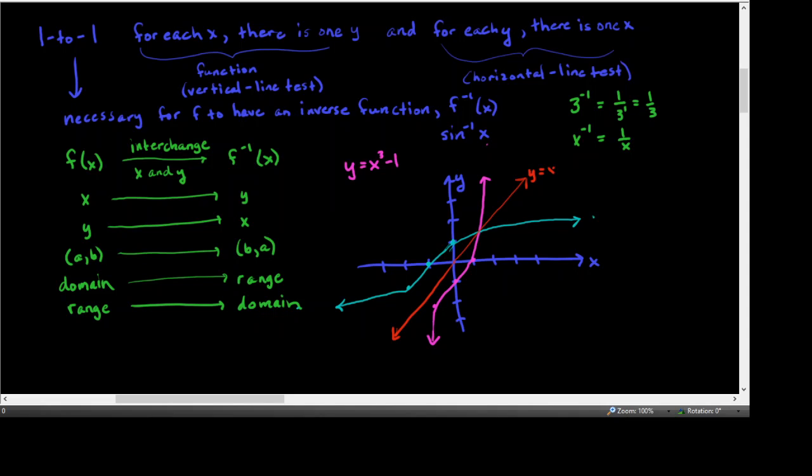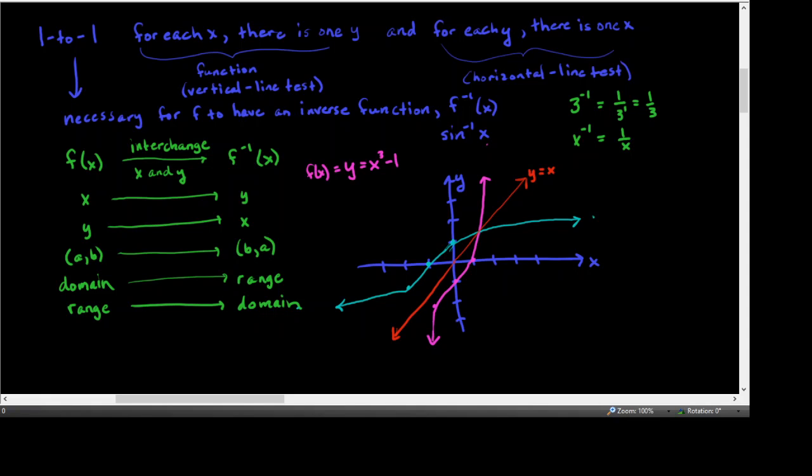If that's y equals x, and the pink one is our function f of x, and by the way, is it 1 to 1? Is that pink graph 1 to 1? Does it pass the vertical line test? If you hold a vertical line anywhere, will it pass through there just once every time for each x? Is there one y? The horizontal line test is kind of the same.